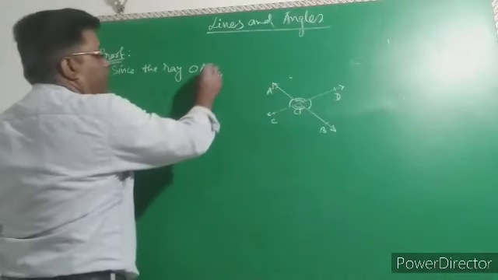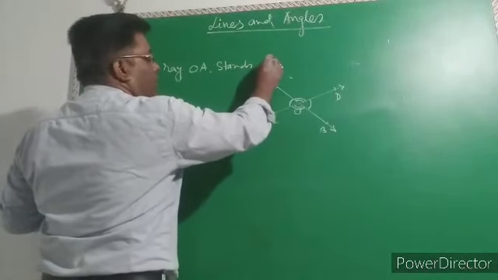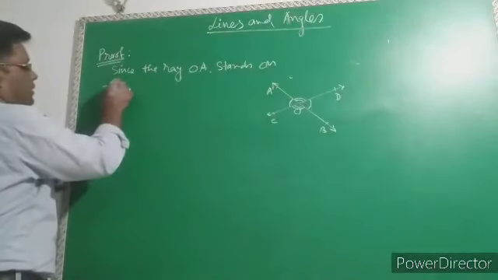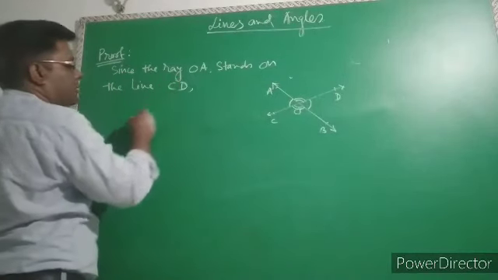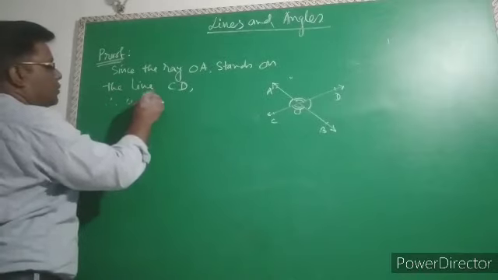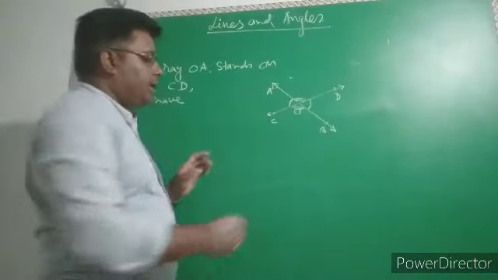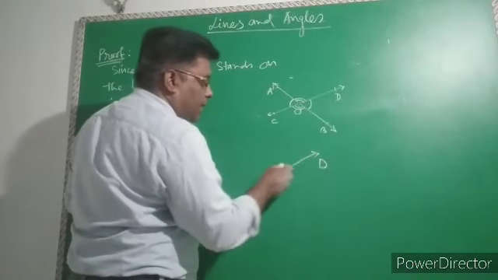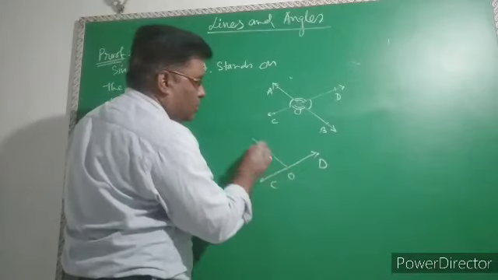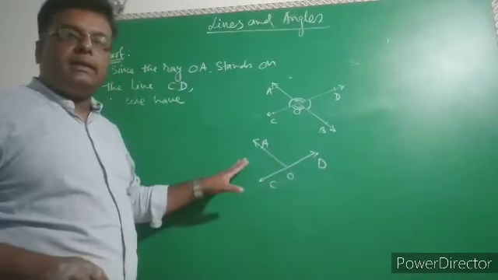Since the ray OA stands on the line CD, therefore, suppose this is the line CD and this is O, this is A. The figure is like this.